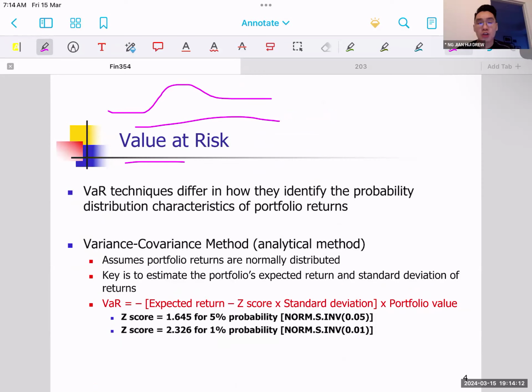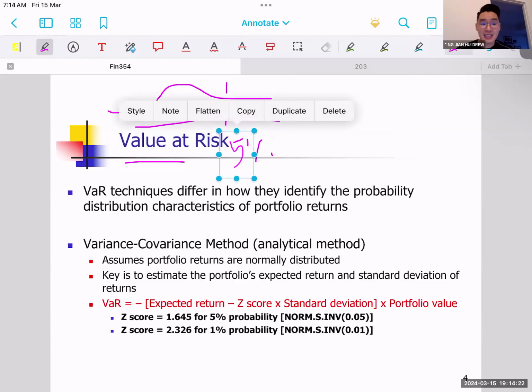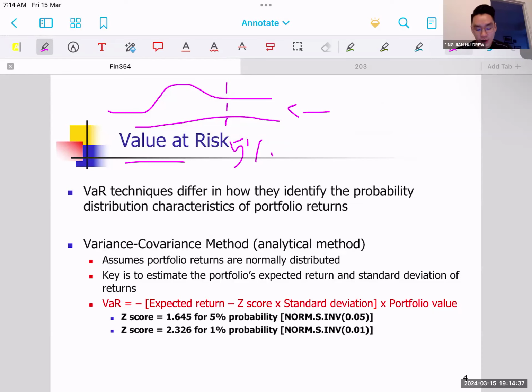Recall from your statistics course that whenever we want a 5% confidence interval, we usually need to determine the z-score. Because it's a standard normal distribution, we use the inverse standard norm in Excel to find the z-score here, right?